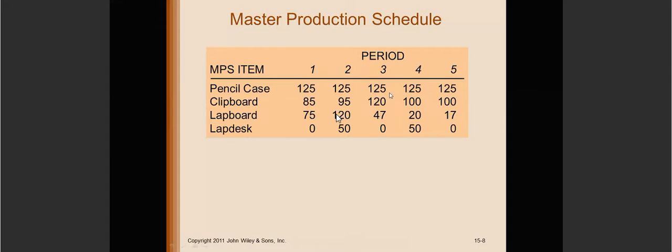The quantity in each period sometimes has fluctuation of the production rate, going up and down, and sometimes there will be no production process for a certain product. For example, here we have a lap desk.